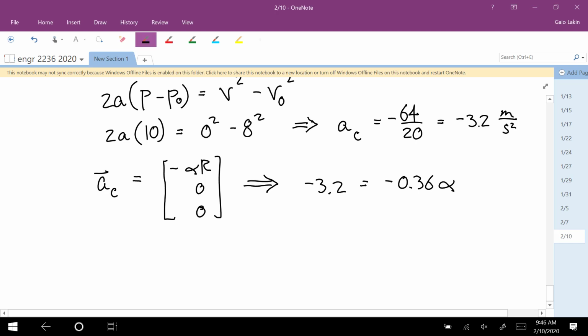And that says that alpha is equal to 8/9, which I think is 0.8 repeating. And it's positive.